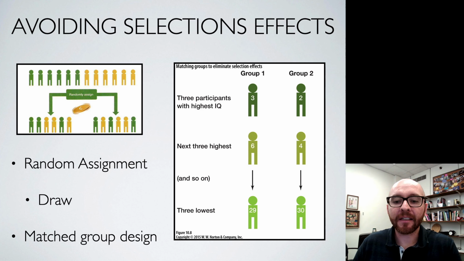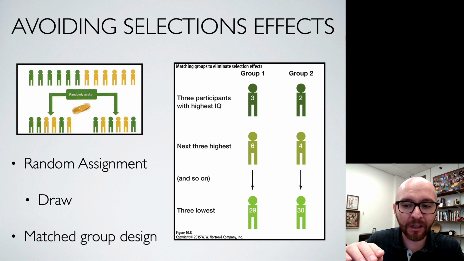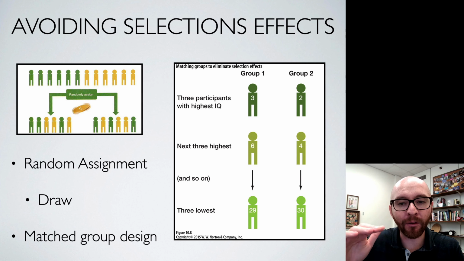Now let's say you were worried that, okay, well, what if people who have a higher IQ just perform better on this math test? Maybe it doesn't have to do with my IV, right? Actually, this is kind of confusing because group 1 would represent level 1 of your IV and group 2 would represent level 2 of your IV.